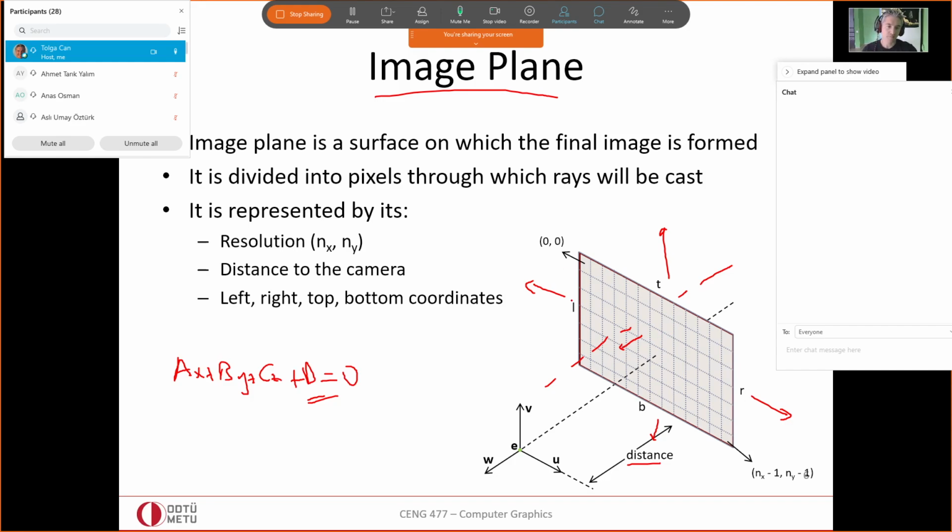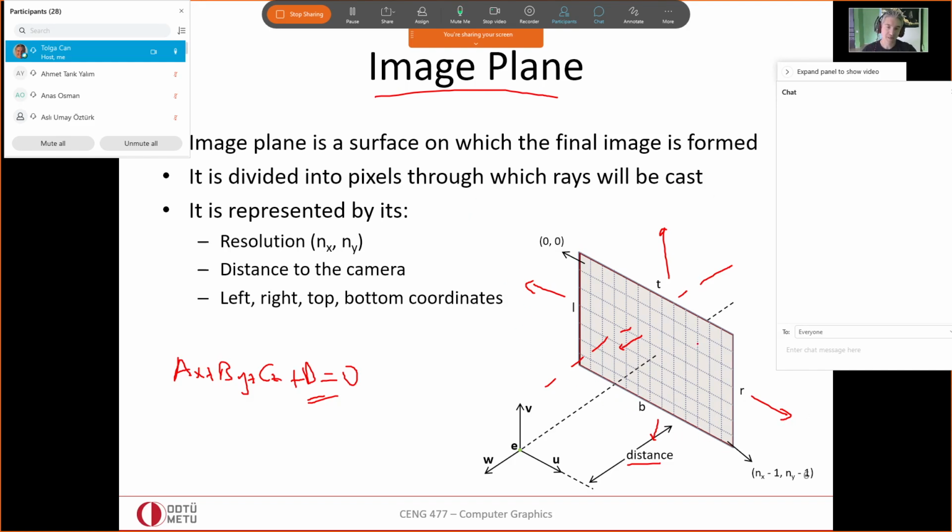So what I'm saying is a plane is something infinite, which is why sometimes we call this the image window. An image window is a rectangular region on the image plane. Sometimes we abuse terminology: when we say image plane, most of the time we just indicate this rectangle. We don't actually refer to this infinite plane.